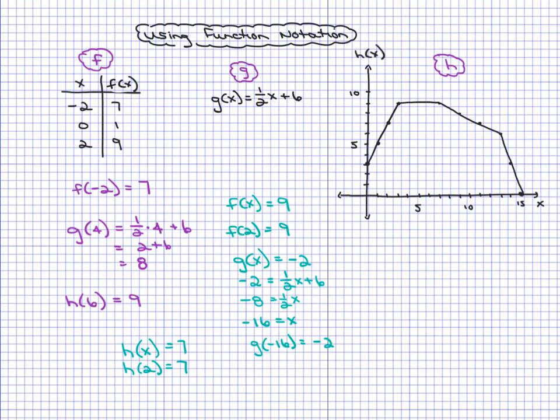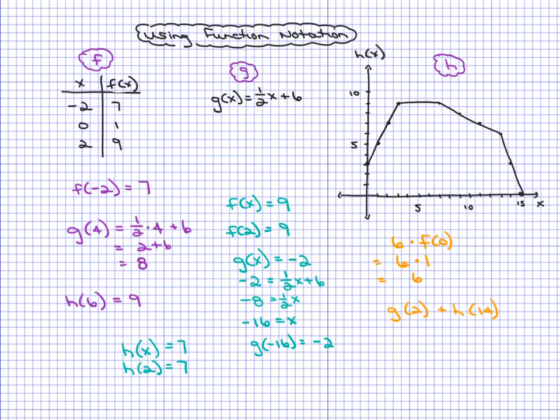Finally, let's use them in a few little calculations. Here I'm going to say, for example, 6 times f of 0. Okay, so I'm going to look at my function definition for f. When I input 0, I output 1. So this is the same as 6 times 1, which equals 6. Or let's say we have g of 2 plus h of 14. We're going to take these one at a time.